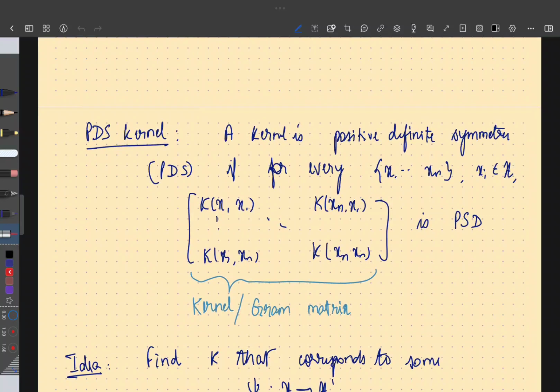But there's also another result, which I'll state a little more formally later, which says that if you have a positive definite symmetric kernel, then there exists a mapping from X to a higher dimensional space, such that the inner product is equal to the kernel evaluation on that pair of points.